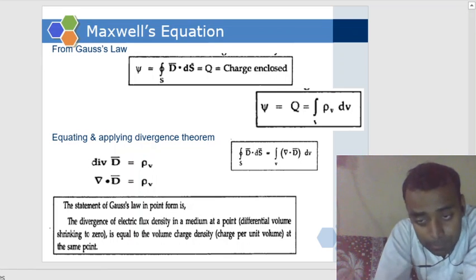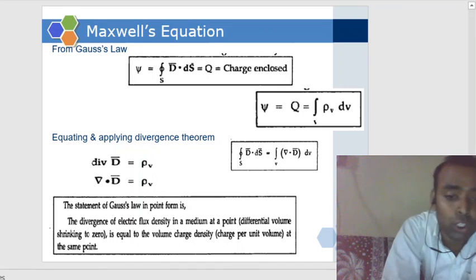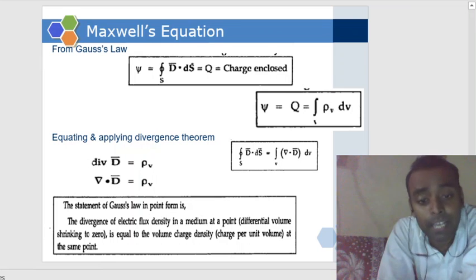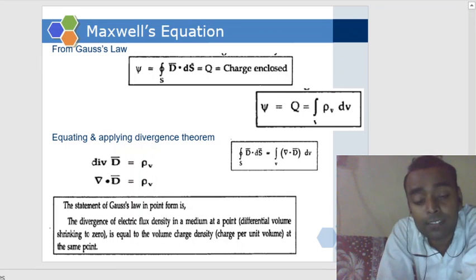And this becomes equal to the volume integral of rho v dv. Now we can remove the volume integral from both sides and we will get del dot D is equal to rho v.